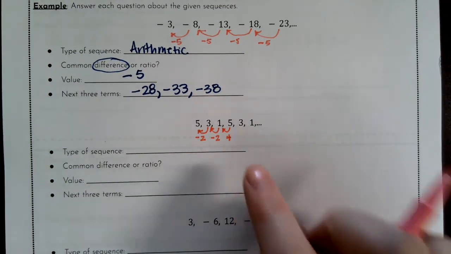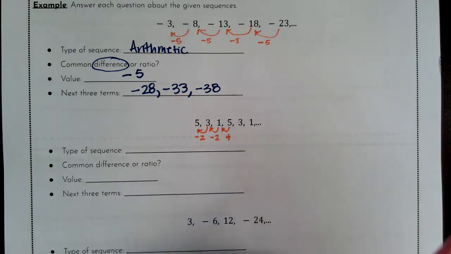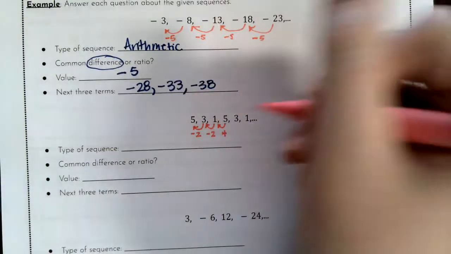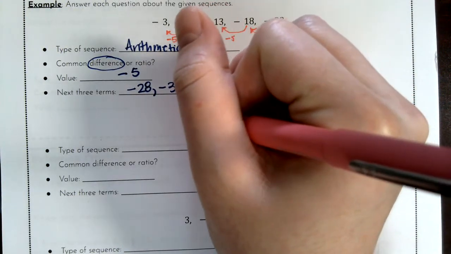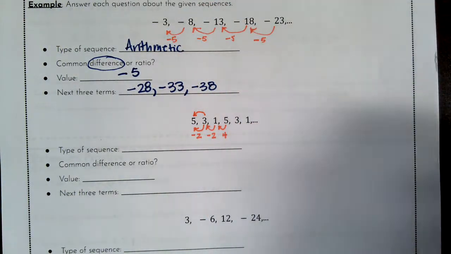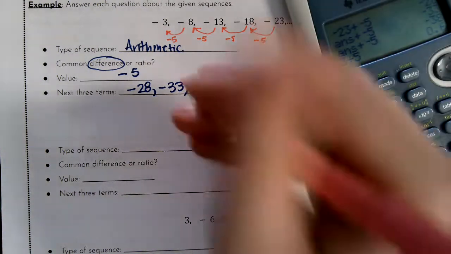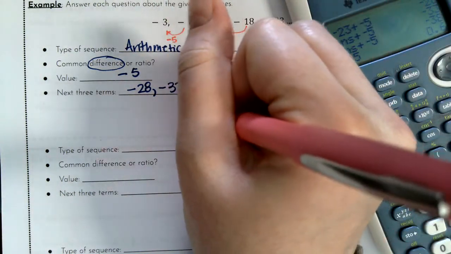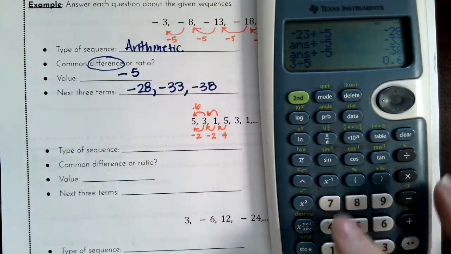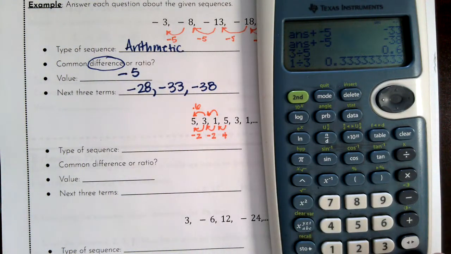It does not automatically mean that it is geometric, though, because now I need to figure out if I'm multiplying by the same thing each time. So instead of subtracting, I'm going to do division. 3 divided by 5 is 0.6. 1 divided by 3 is 0.3 repeating.